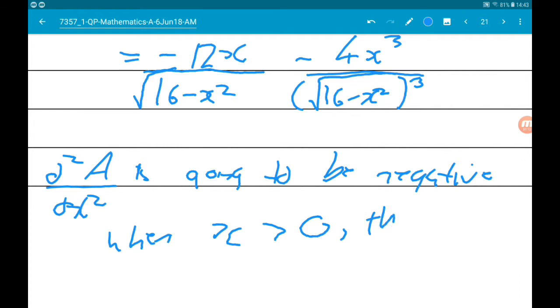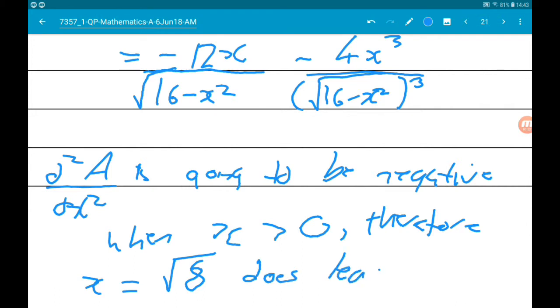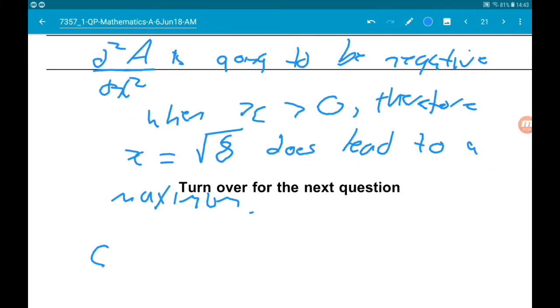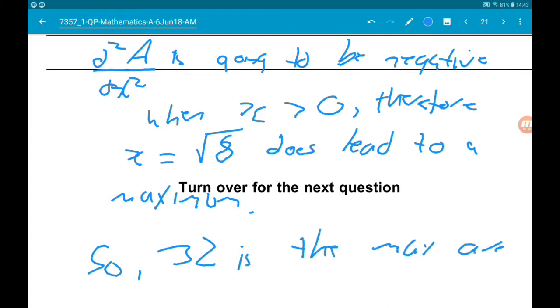Therefore x equals root 8 does lead to a maximum. So 32 is the maximum area.